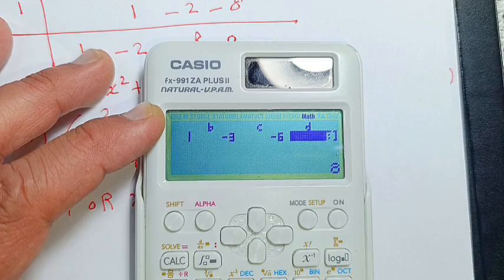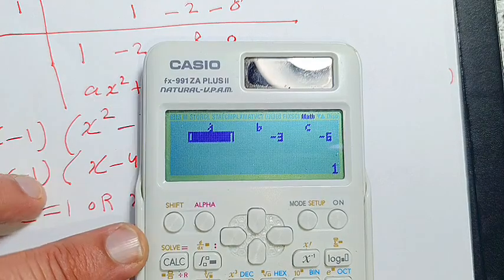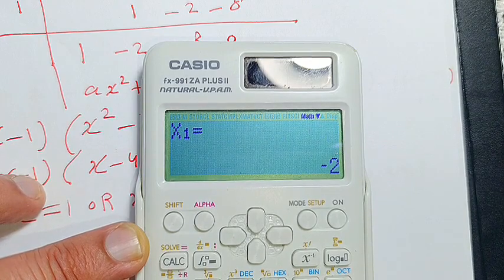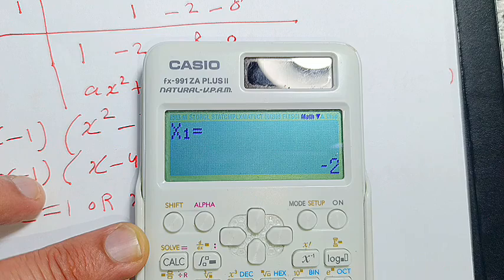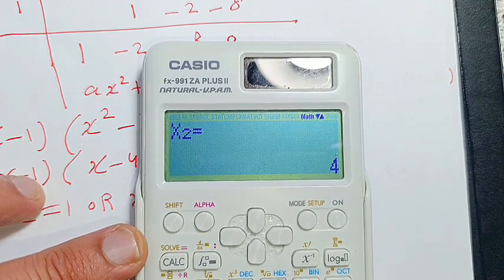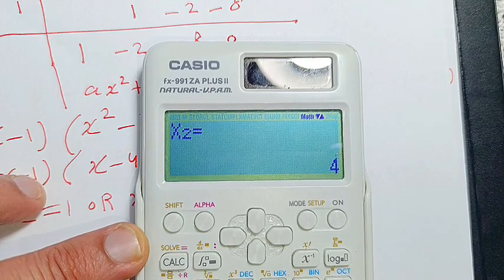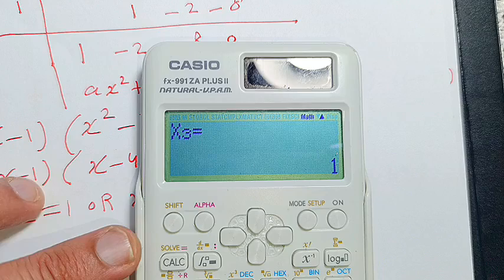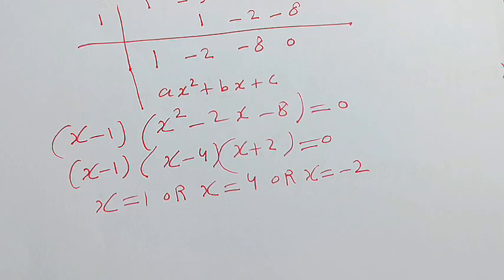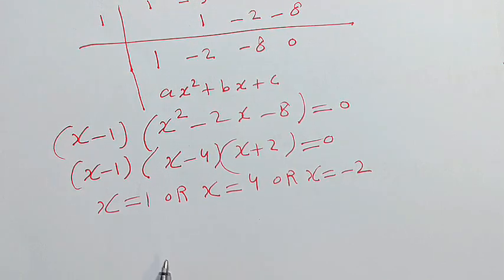After you finish this, press equal, and you'll find the first x-intercept, that is negative 2. Second time press equal, and you find the second intercept, which is 4. Press again a third time, and the third x-intercept you will find is positive 1. So you can see our answer is matching. Our x-intercepts are the same as what we found through the calculator.